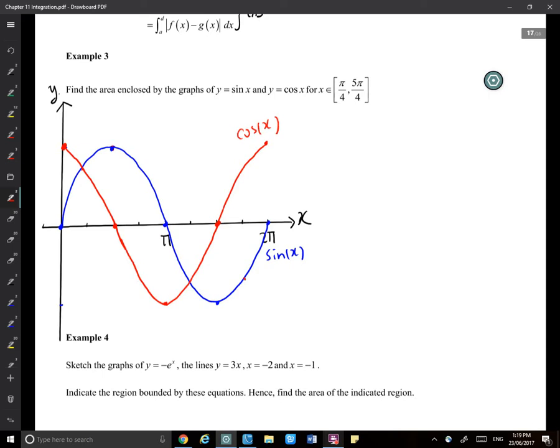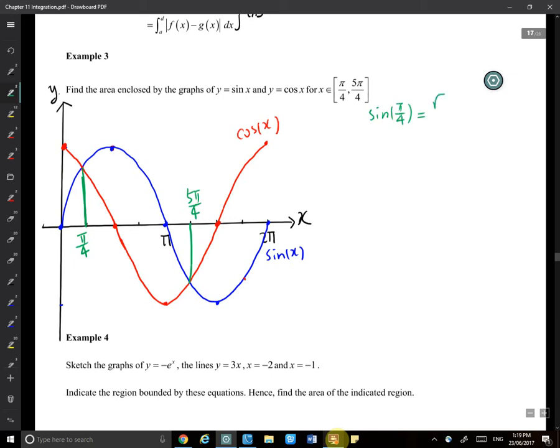What I want to find is pi over 4 and 5 pi over 4. If you know that at pi over 4, they are just equal. This point is pi over 4. This point should be 5 pi over 4 because sine pi over 4 equals root 2 over 2 and cosine pi over 4 is root 2 over 2 as well.